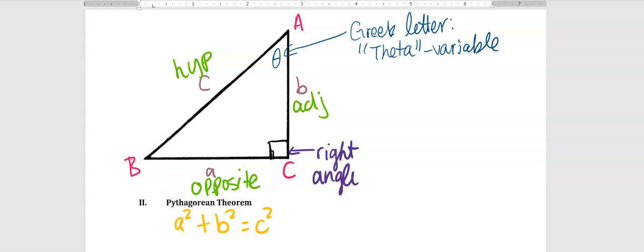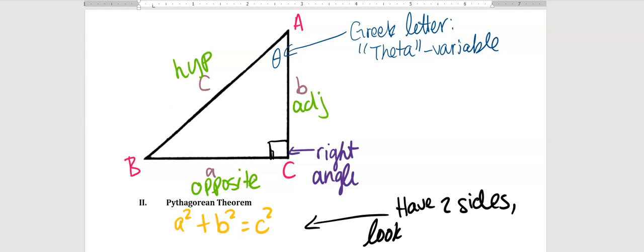Okay, so once again, a reminder that for this theorem, you have two sides and are looking for a third.